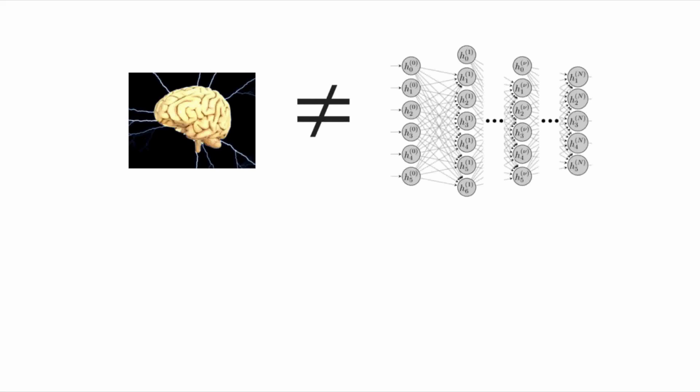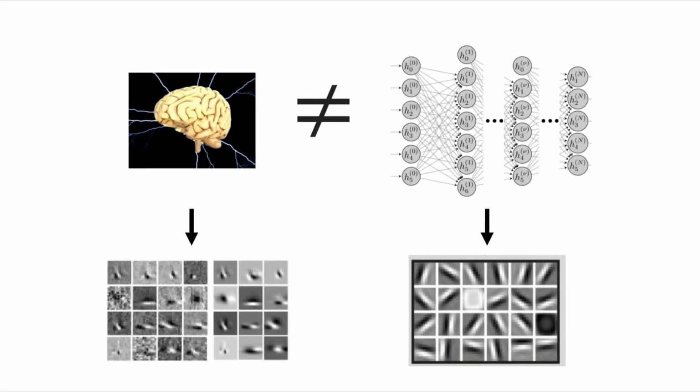But there are some analogies, and one of them is efficient feature representation. Both deep learning neural networks and our biological neural networks use a similar strategy in that they use feature sets that are the most relevant for the information processing task at hand.